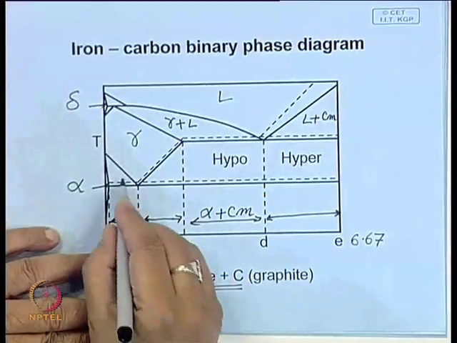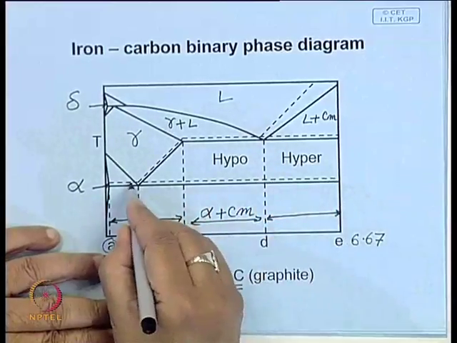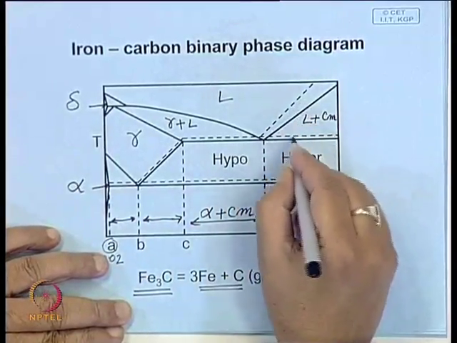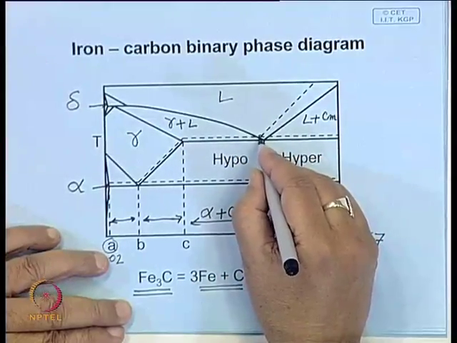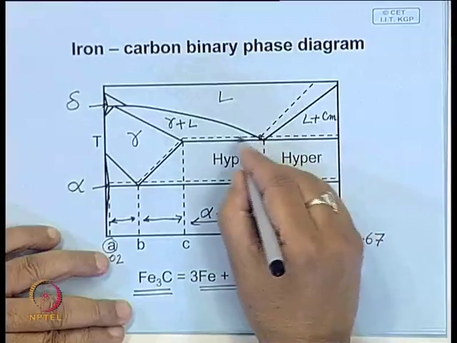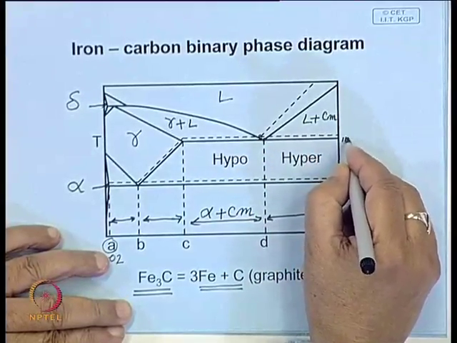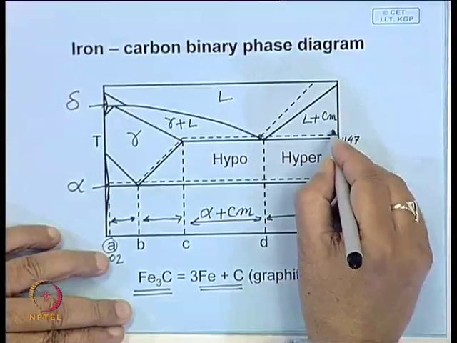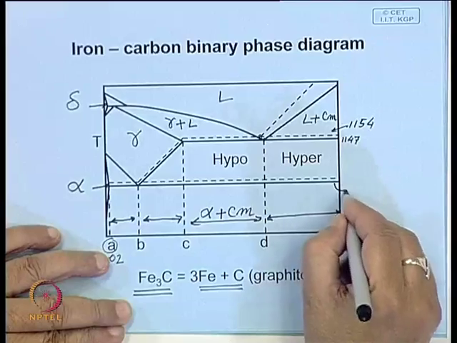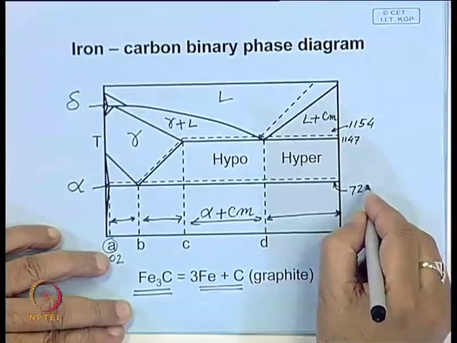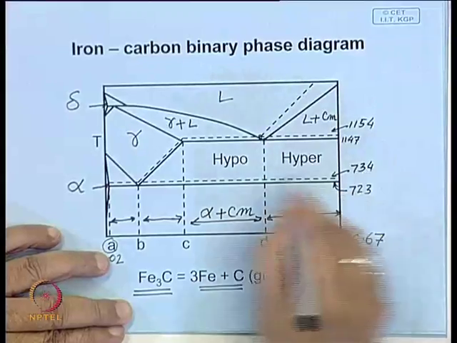And in this diagram we have certain lines. The dotted lines show the equilibrium lines. The eutectic temperature is slightly different, maybe about 10 degrees higher than this, say 1147 here, this is 1154, this is 723, this is around 734, something like that.